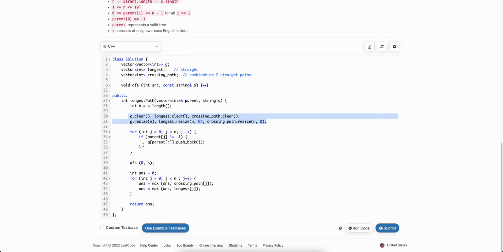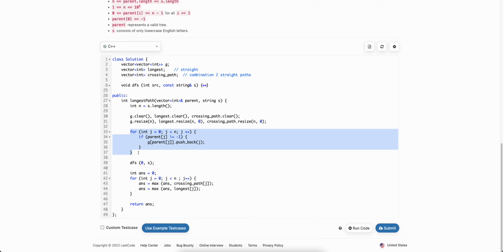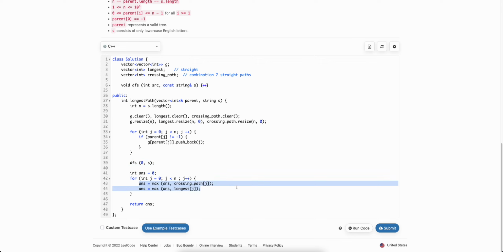Then we build the entire graph from the given parents. Once we have the graph, I am just calling DFS. In this DFS, I am calculating both the longest path and the crossway path. Once we have both, the answer will be the max of both for each node. I hope this part is clear.